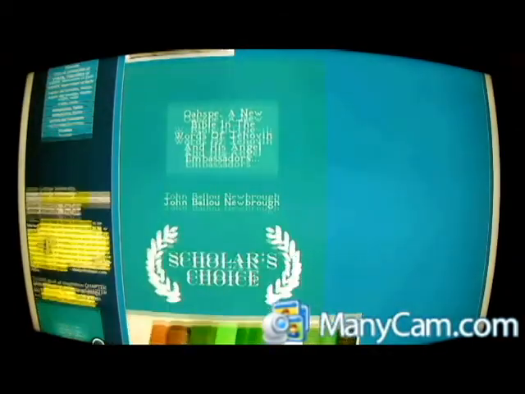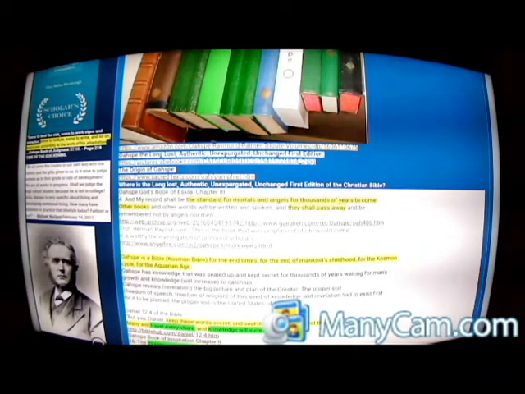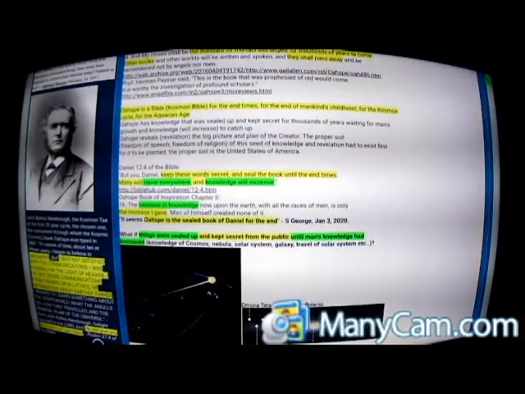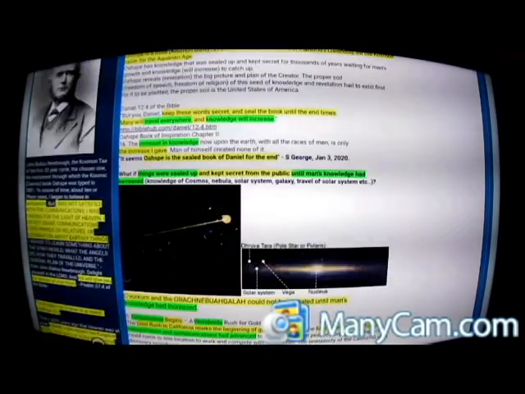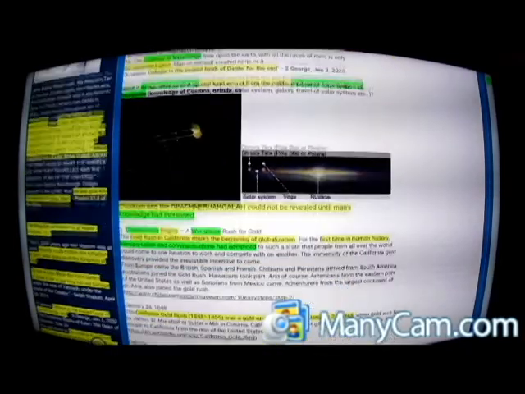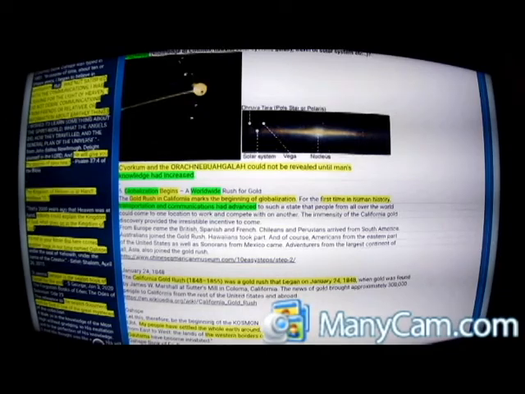And I have more information about subatomic particles there, and how the unseen worlds are made of these subatomic particles, and how the seen world is made from the unseen.